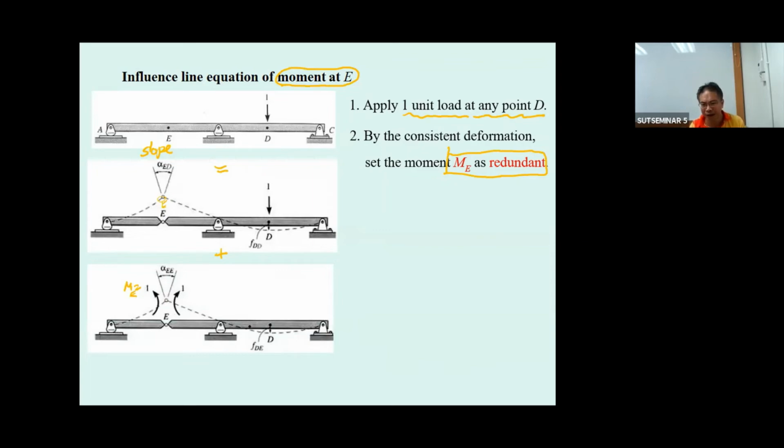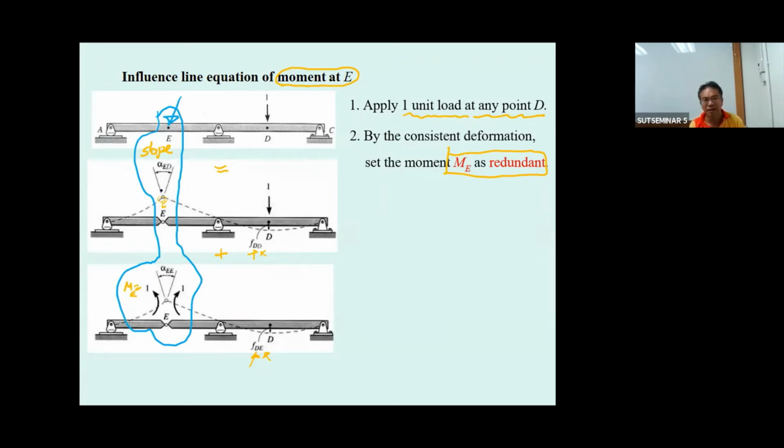And then you get the deflection at point E to be alpha sub EE. And the deflection at point D due to the force at E. This is the deflection at point D due to the force at D. But we're going to consider only point E, the relative slope of the beam from this one is going to be 0.